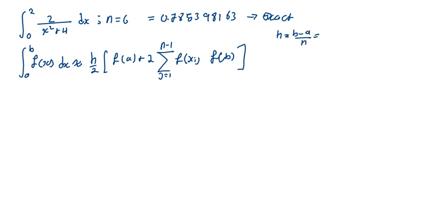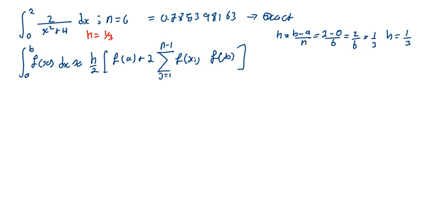Your b is 2, minus 0, which is your a, divided by your n, which is 6. That is 2 divided by 6, which is 1 over 3. So our h is equal to 1 over 3.